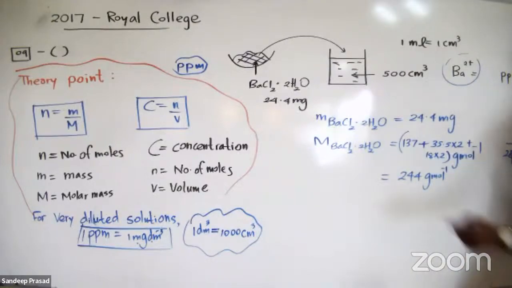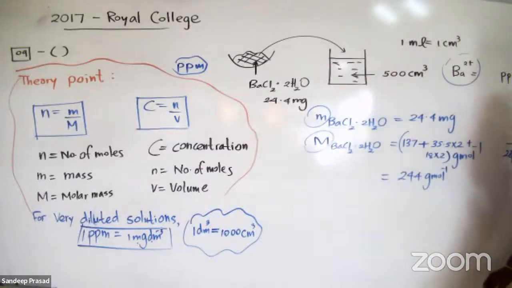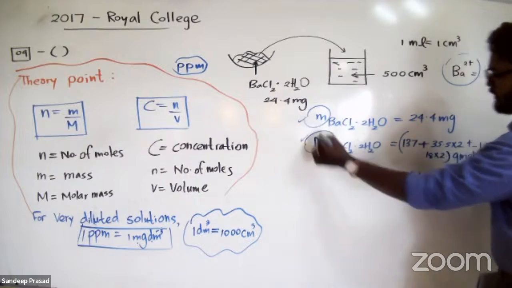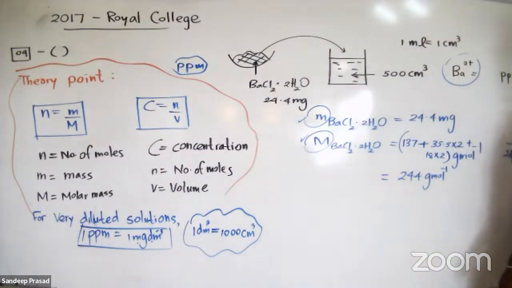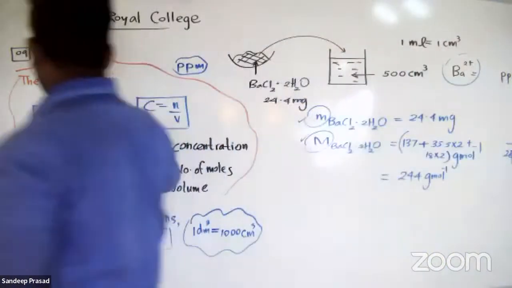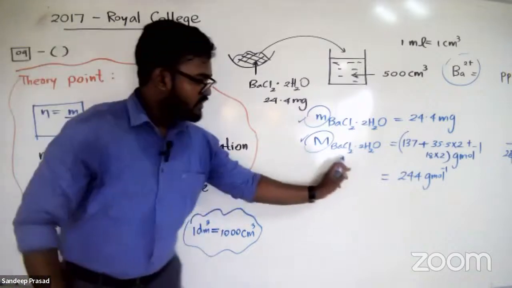Students, if you know the mass and molar mass, what can we find? According to that first equation I have given you, if you know the mass and the molar mass, you can find the number of moles. Can you understand how I derived this?